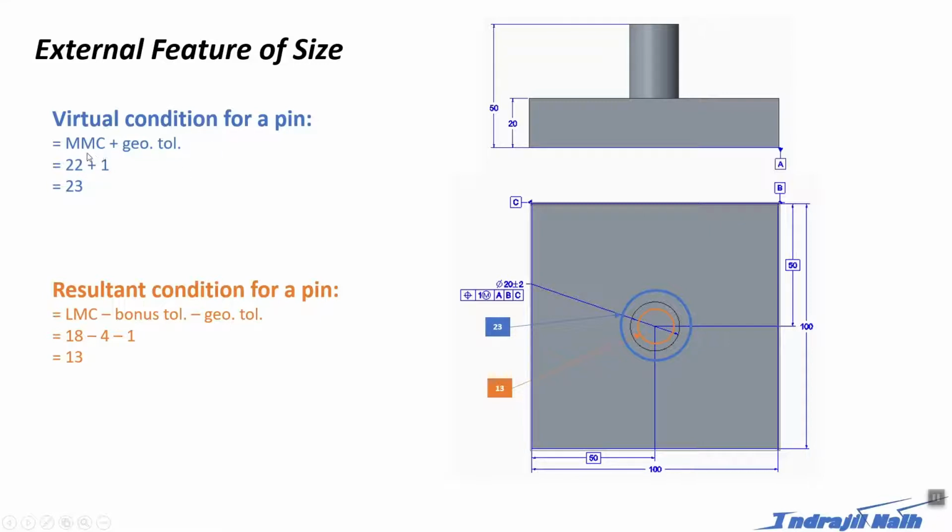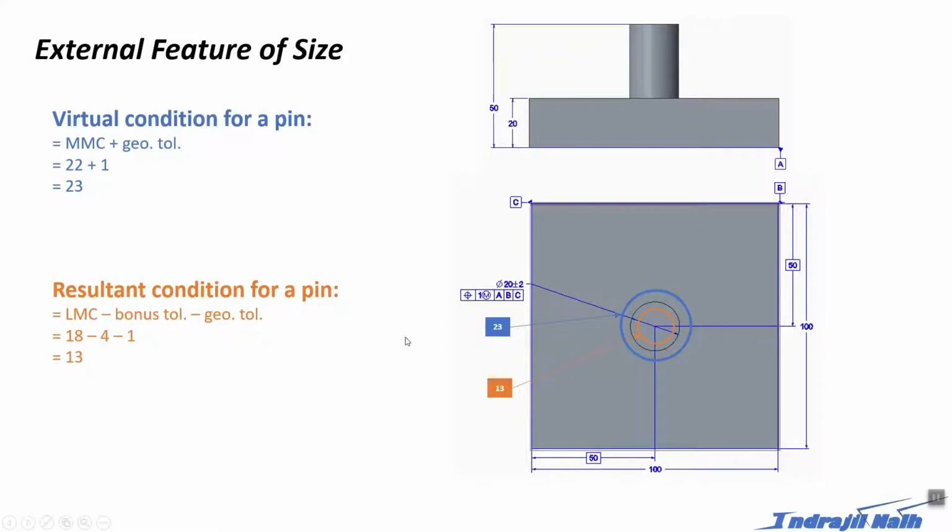It is the maximum material condition, which is the maximum size of the pin, 22, plus the geometric tolerance that we have taken over here, 1, which gives us 23. So however big this pin may get, it will never cross this blue color boundary made by the virtual condition.